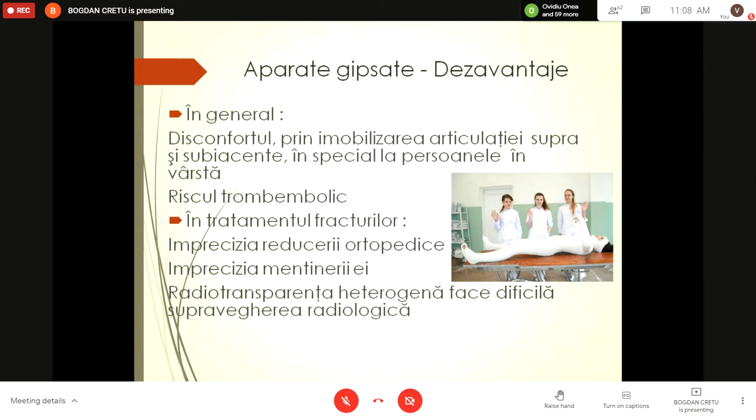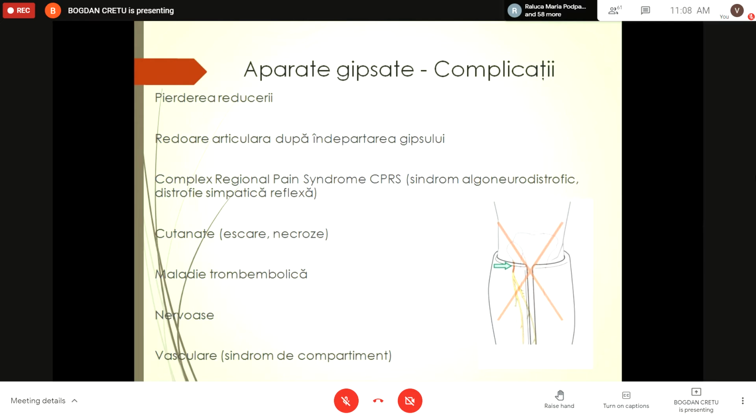And the radio transparency is not so good, so it could make the radiographic evaluation difficult.